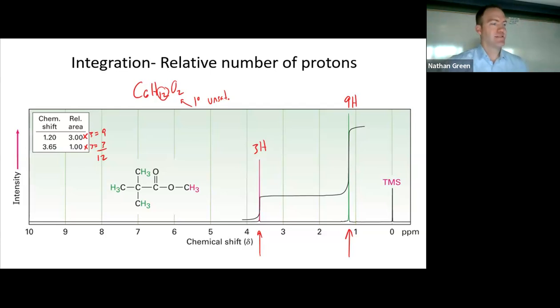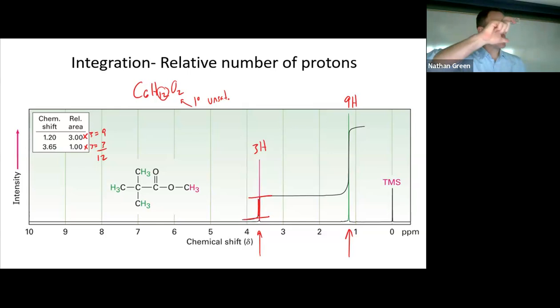Back in the day, when I was first learning NMR, computers were not as good as what they are now. It's actually really hard to do integration. There's a lot of math involved in this. So before we started getting relative areas that were defined like this, we would get these lines. These are called integration lines. An integration line can be viewed as, where does the line enter the signal and where does it leave the signal? You're going to take that as a unit.